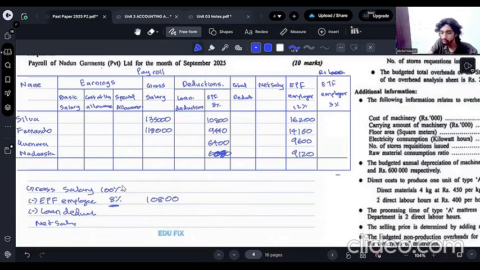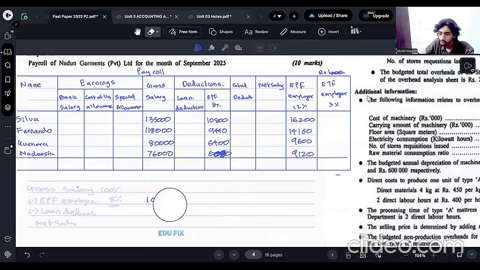Kumara, 6,400 divided by 8 into 100, 80,000. Nadisha, 6,080 divided by 8 into 100, 76,000. These are your gross salaries. Easy to find. Okay, now I'll erase this.